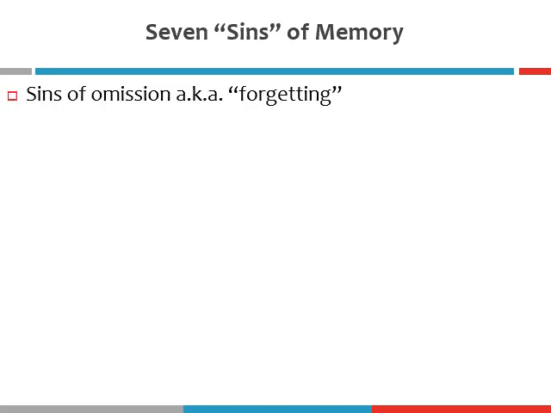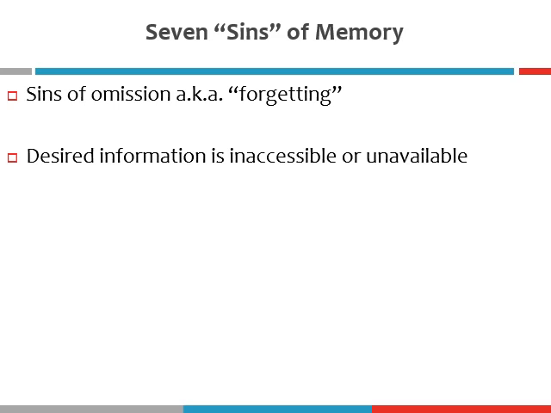Okay, so the first 3 sins that Dan Schachter talks about are basically examples of different types of forgetting. Are there examples of cases where the information that you're trying to remember is no longer accessible or available to you? Right? So whatever that memory representation is that you're desiring to retrieve is no longer available, right?